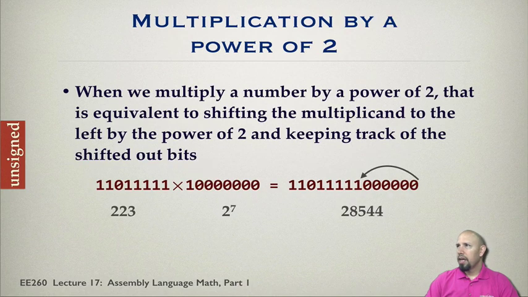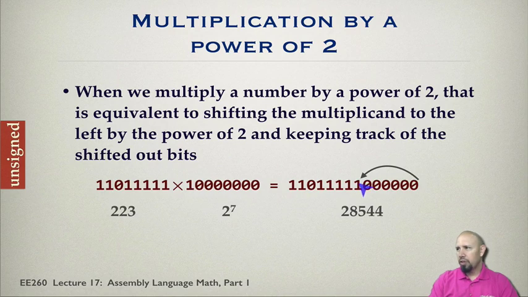Okay, so that's an important thing. Now again, if you're working with unsigned integers, multiplication by a power of 2 basically corresponds to a shift. So when we multiply a number by a power of 2, that's equivalent to shifting the multiplicand to the left by the power of 2, keeping track of the number of shifted out bits. So notice I have a 1 and then these zeros, that's a power of 2.